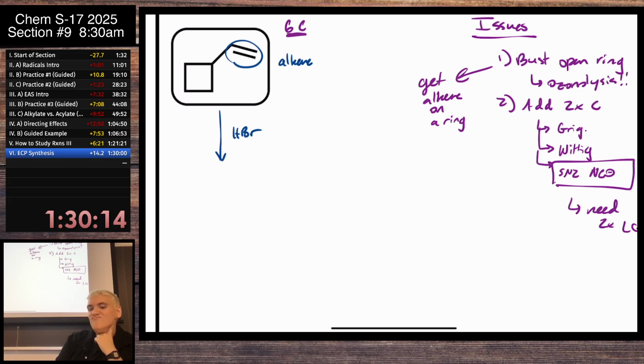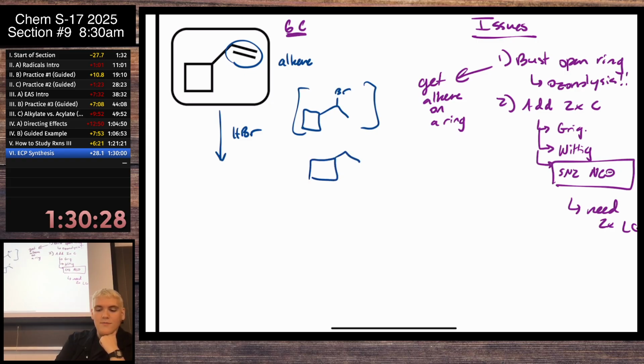That's what we would think. So this is what we would think. But in fact, remember, whenever we do acid additions, we have to think through the carbocation that's formed. And what can this carbocation do? Hydrogen?